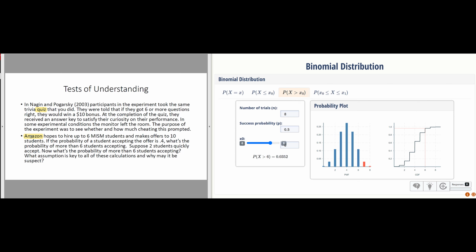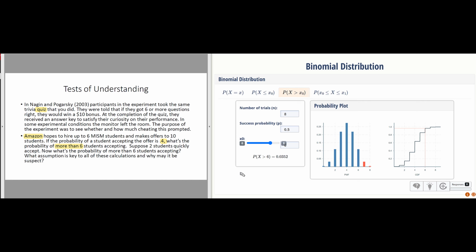Amazon hopes to hire up to 6 MISM students and makes offers to 10 students. If the probability of a student accepting is 0.4, what is the probability of more than 6 students accepting the offers? Okay, so that's our first question.